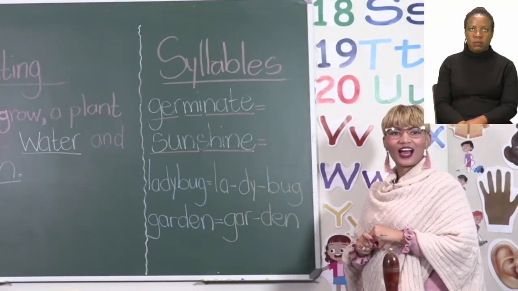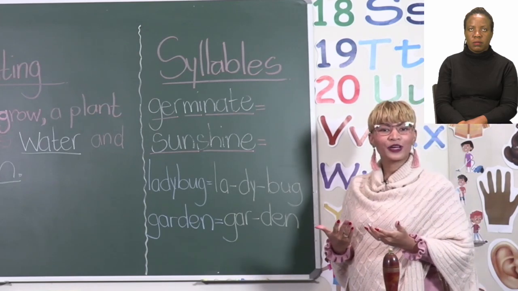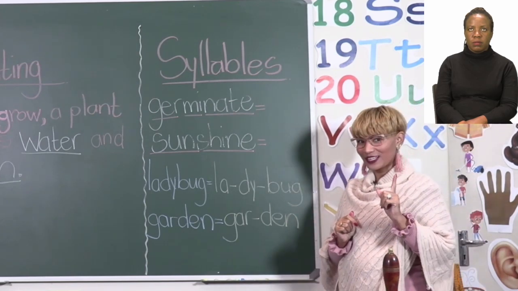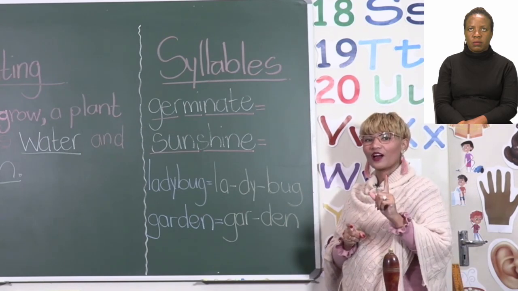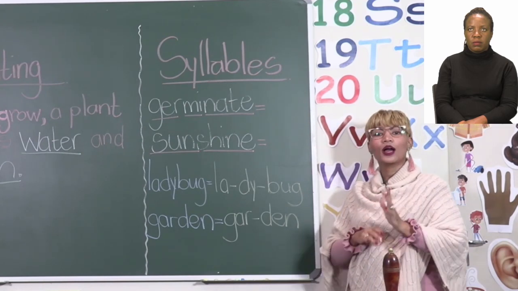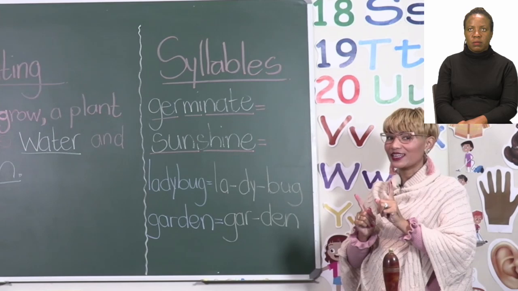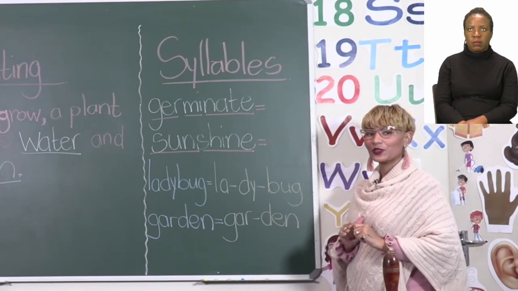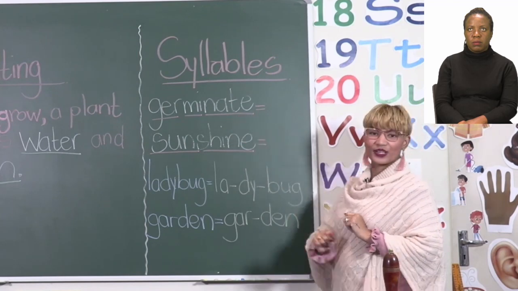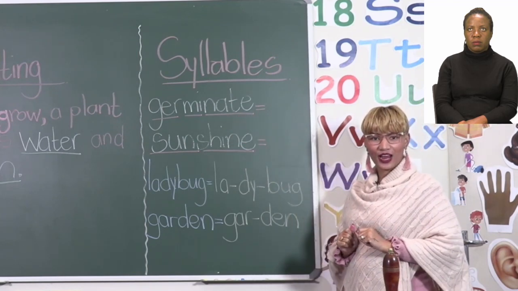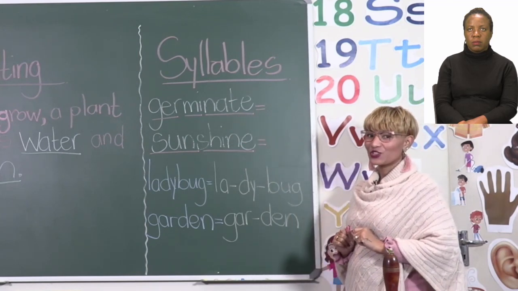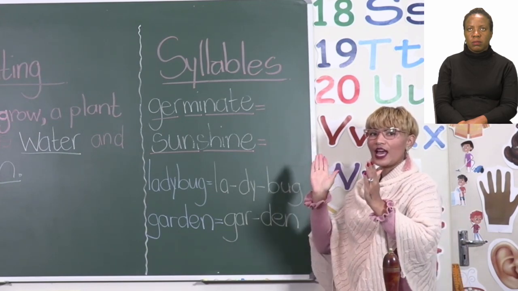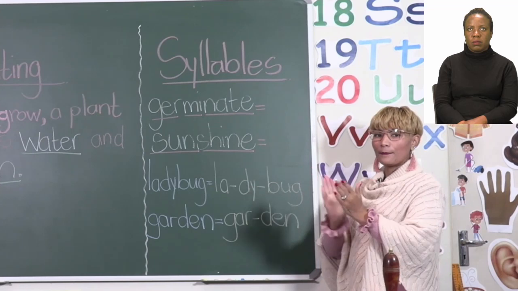Okay, now let's all say the word together. Germinate. Okay, it's quite a long word. Now, I want us to read it or say it and clap to see how many syllables we have in the word germinate. Right. Now, let's try and do this together. So, we say germinate.